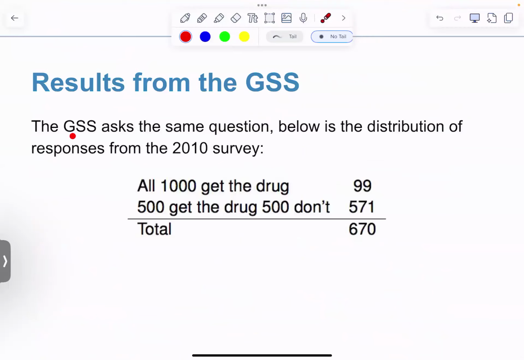The GSS is a social survey. I think it's called the General Social Survey in the States that they do. It's just a broad survey of Americans. And so the GSS asks the same question: how would you conduct this study? 99 out of 670 said that all 1,000 get the drug, right?